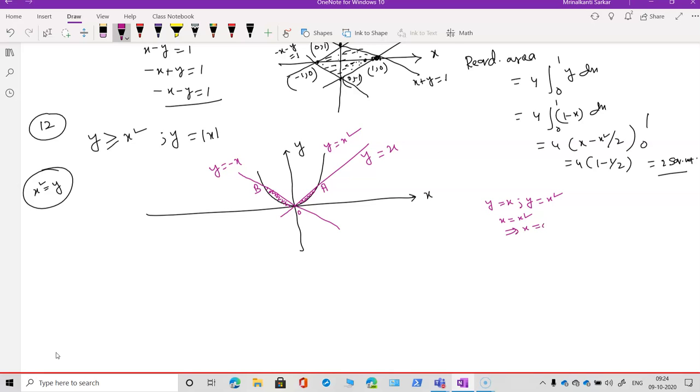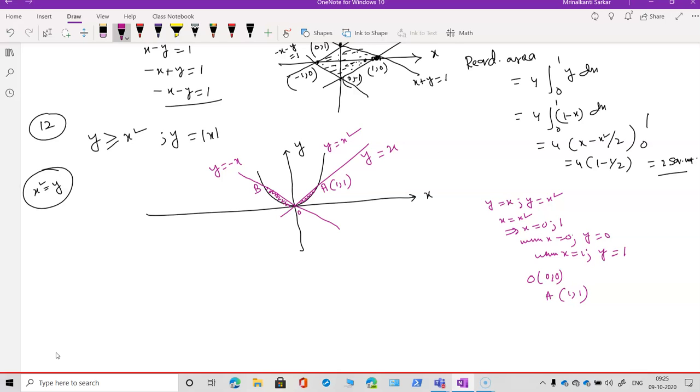This implies x equal to 0 and 1. When x equal to 0, y equal to 0. When x equal to 1, y equal to 1. So the coordinate of the vertex is going to be 0, 0. A is going to be 1, 1.